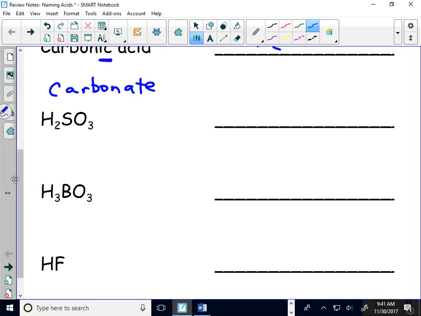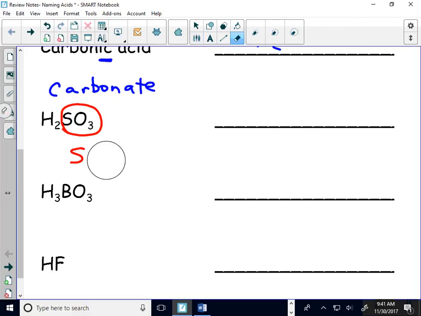So, as I'm writing the name, I look to see what my anion is. What is my anion in this case? SO3. And what's its charge going to be? How do I know 2 minus?